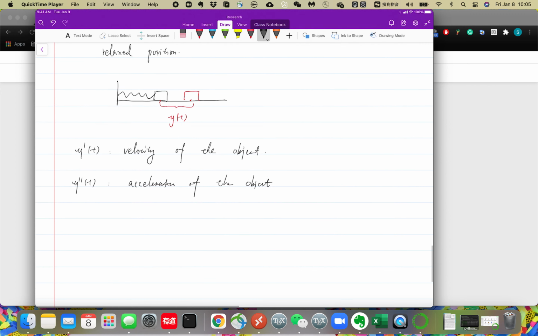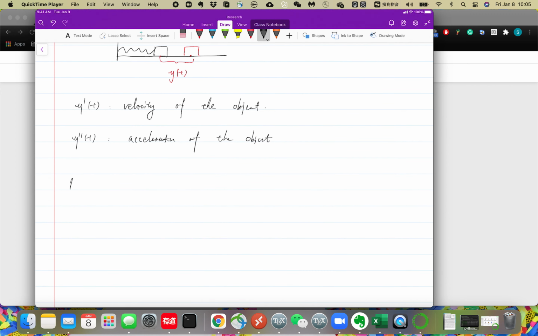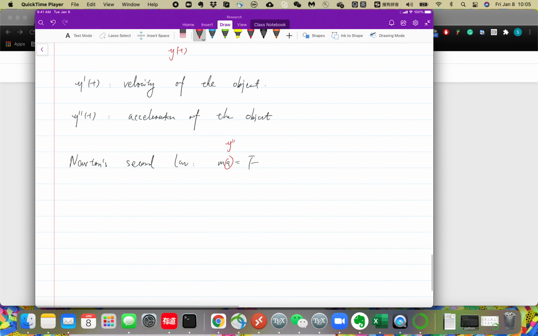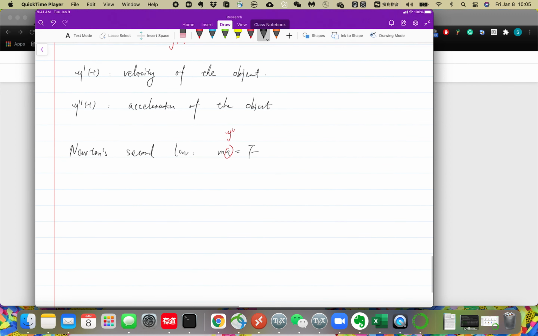Now, you know, for set up a motion, we go to Newton's second law, which is ma equals F, and you already have your acceleration because your a is nothing but y prime prime. Okay? And remember, when you set everything up, you want to set everything up in terms of y, so you can solve for y later.